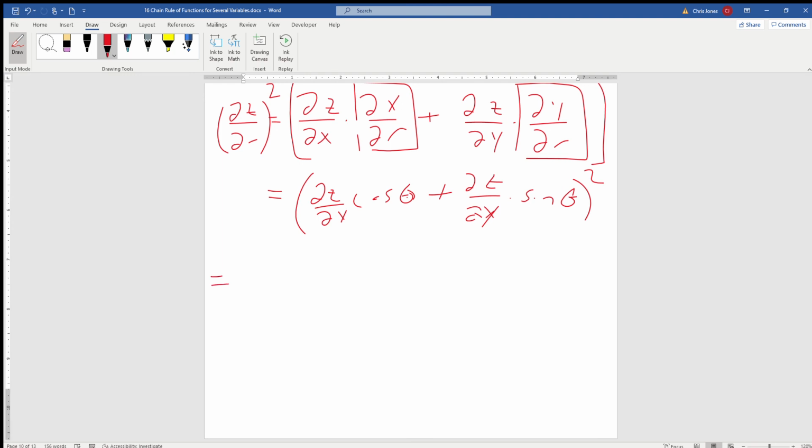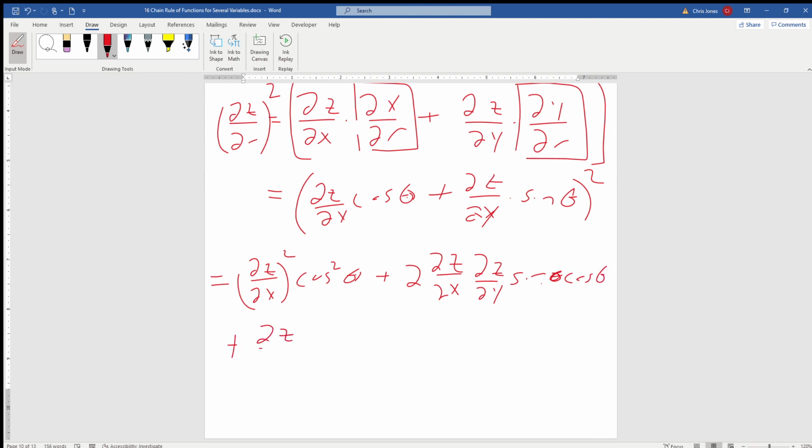By FOILing this out, we're going to get partial of z with respect to x squared times cos square theta, plus, remember we just double the product, so that's going to be 2 partial z partial x partial z partial y cos theta sine theta, and then finally plus partial z partial y squared, multiplied by sine square theta.